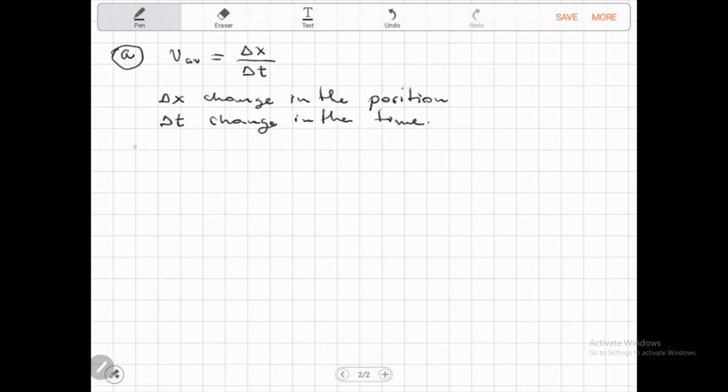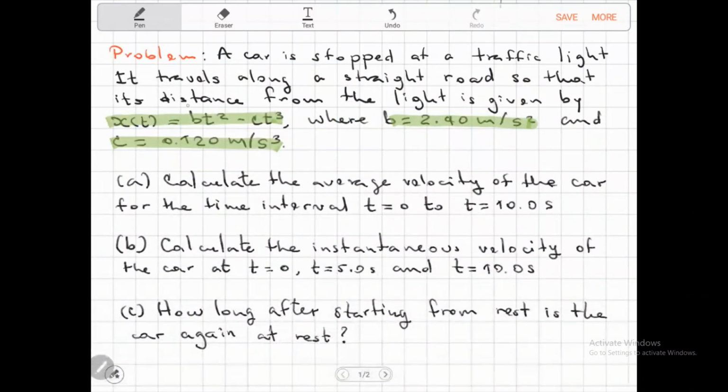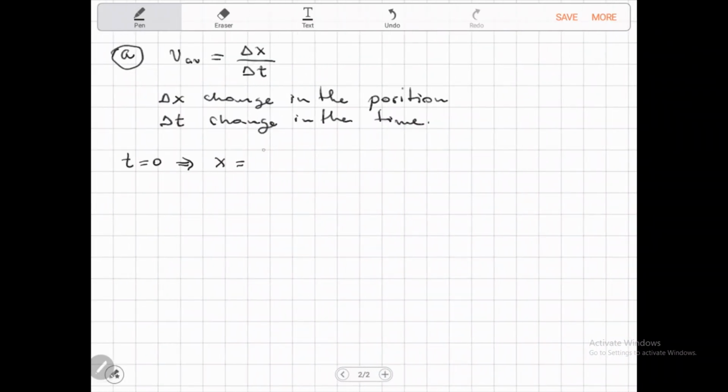For example, if t is equal to 0, then x is equal to, using the formula, the green formula, bt squared minus ct cubed. But we evaluate this formula when t is equal to 0.